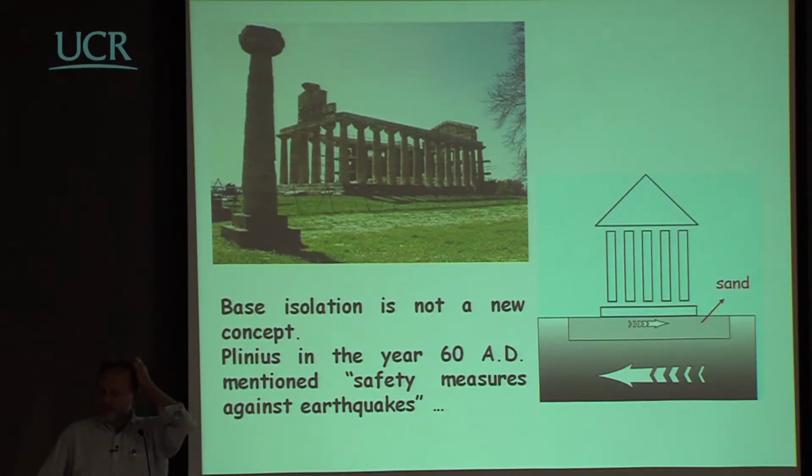And it's fascinating to see that he was talking about the Templum of Diana, whatever you want to call her, in Greece, that was destroyed before Plinius was born, and it was constructed around the 5th century before Christ or so.